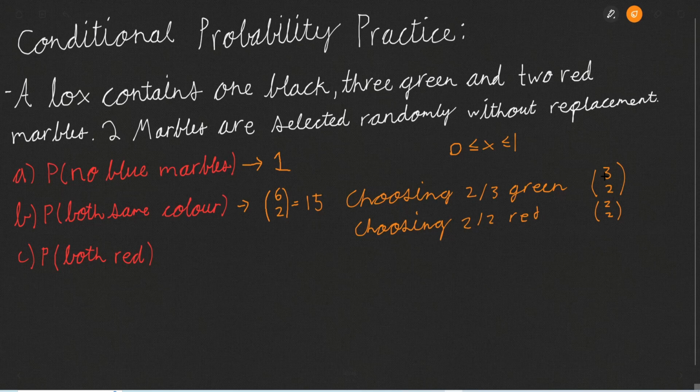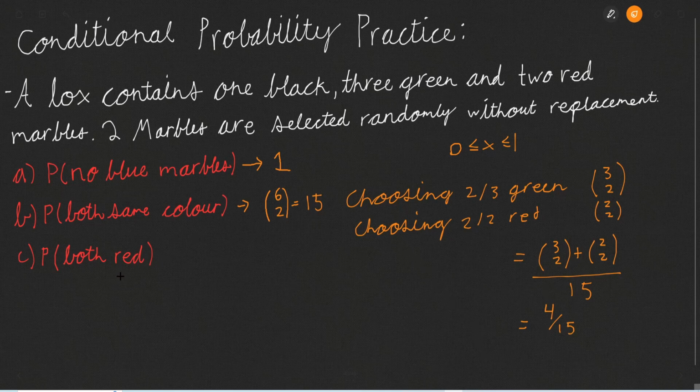And since these are independent events, because either we could choose the red or choose the matching green marbles, we'll have to add our events together, which will give us a final answer of 3 choose 2 plus 2 choose 2, all divided by the total number of ways, which is 15. If you put it into your calculator, that will give us 4 divided by 15. So our probability of both the same color is 4 over 15.